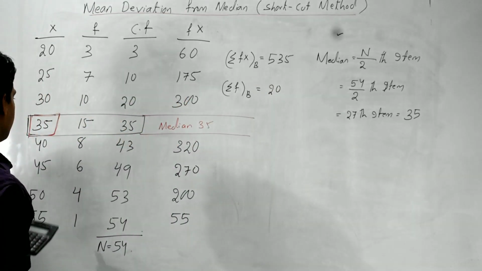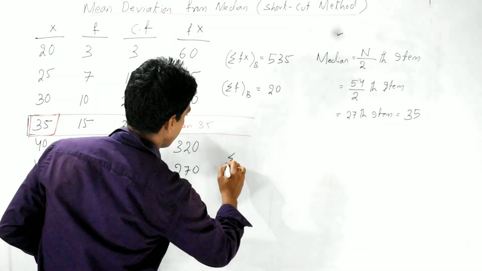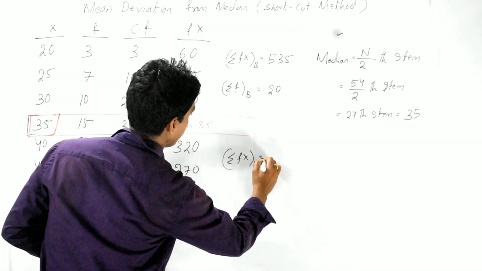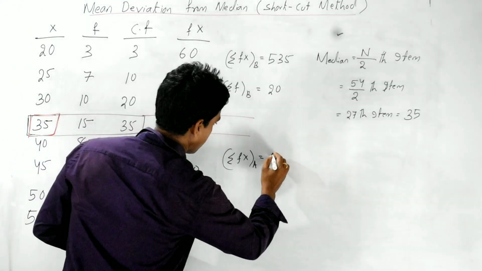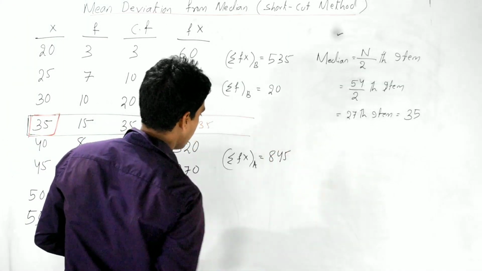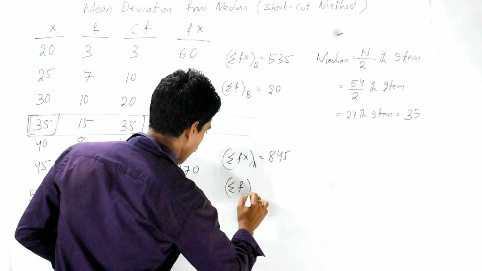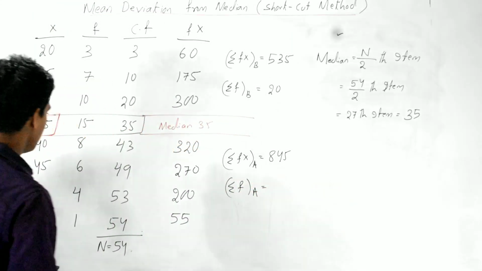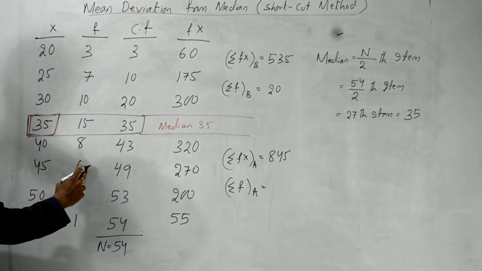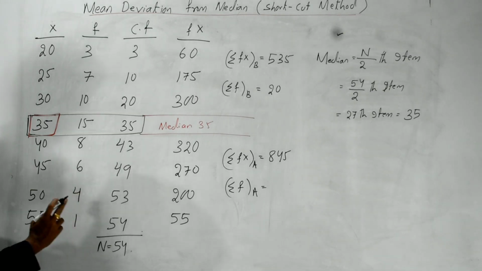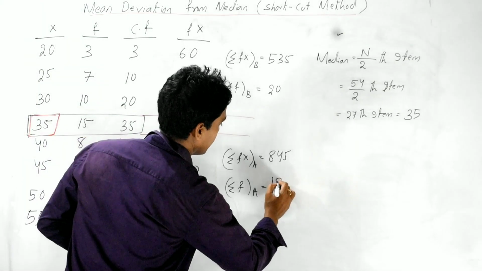Similarly, summation fx of a equals 845 and summation f of a equals 8 plus 6, 14, 14 plus 4, 18, 18 plus 1, 19.